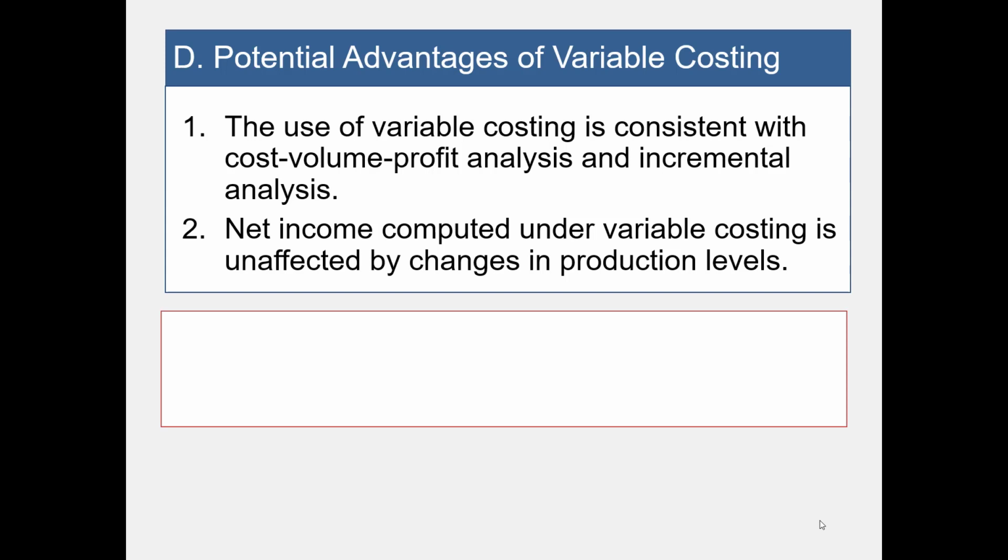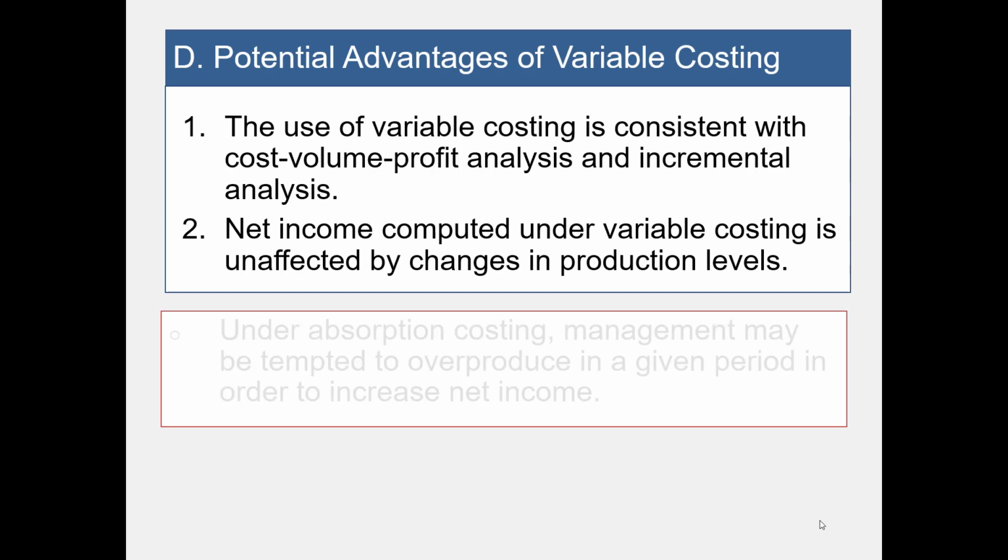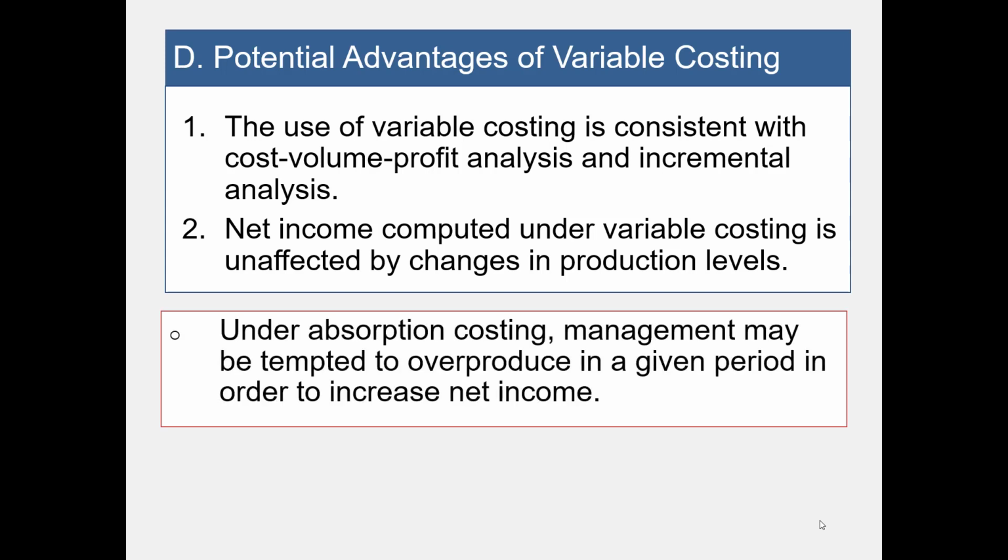They'll take that fixed overhead, divide it by more units, and that fixed overhead will stay in inventory as an asset until that inventory is sold. So there is a temptation for management to overproduce just to increase income. That is, again, produce inventory that they are pretty sure they cannot sell, and that will increase the income alone.